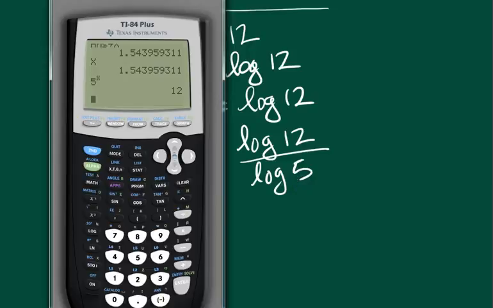So let's check that out. Log of 12 divided by log of 5. And there we are with the same value that we already checked out before.